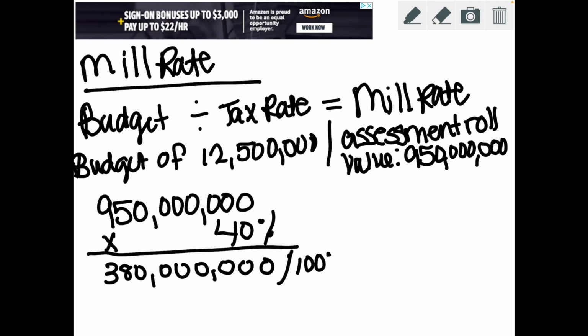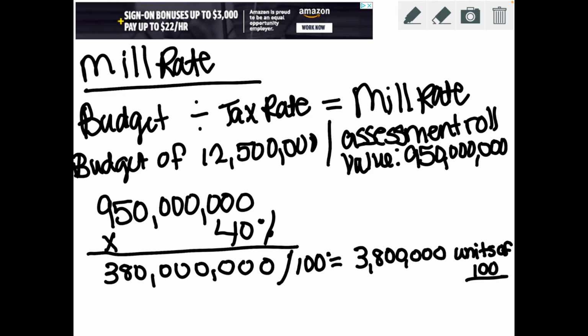So with that, I am going to take 380 million and divide by 100. I will get $3,800,000. And this is units of 100.